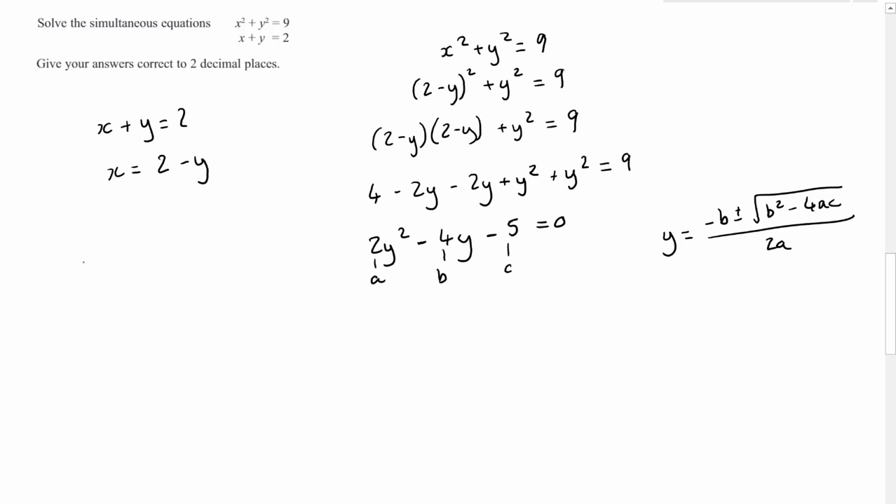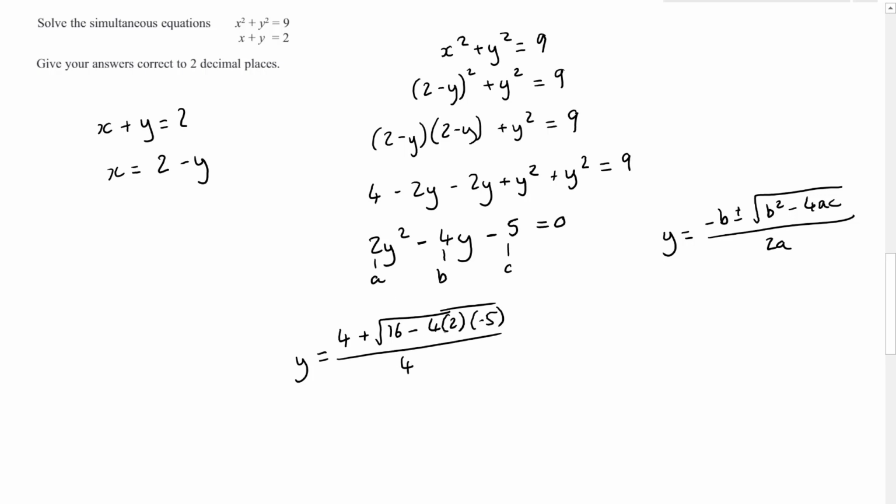So when we put that into the equation, let's separate it first and take the plus sign. y is going to be equal to minus 4, which is going to be plus 4, plus the square root of 4 squared, which is 16, minus 4 times 2 times minus 5, all over 2 times a, which is 4.